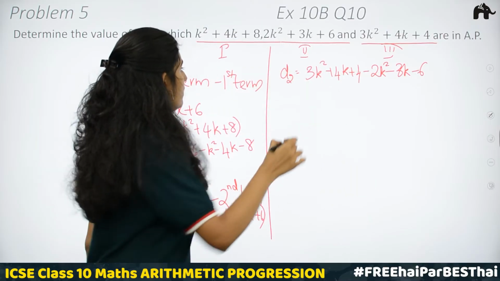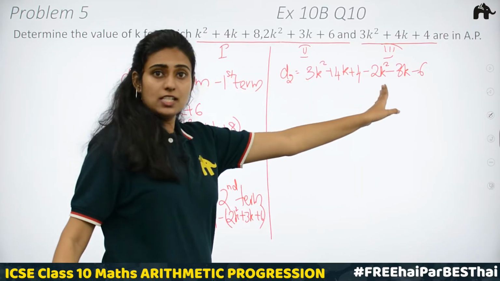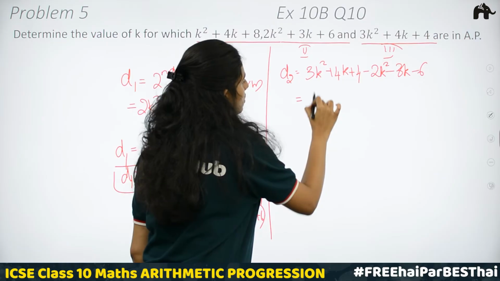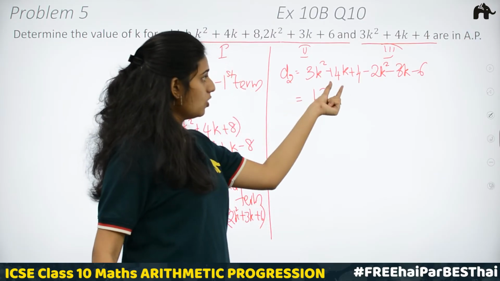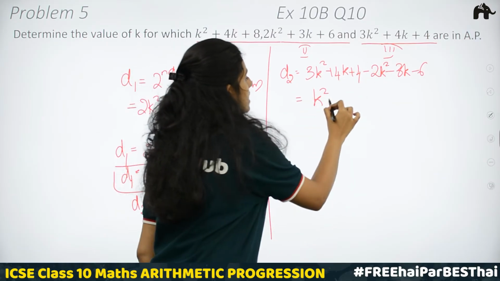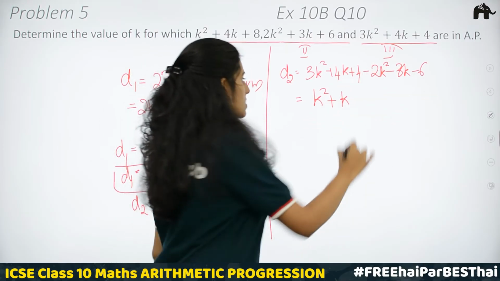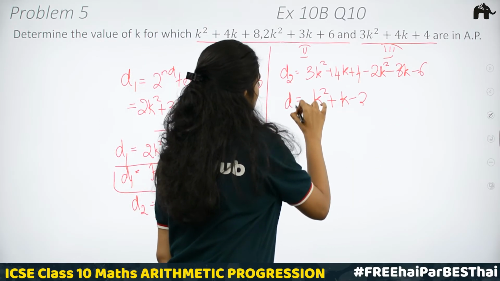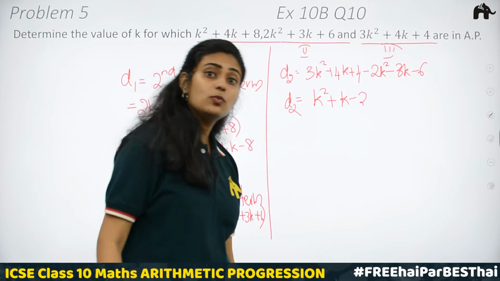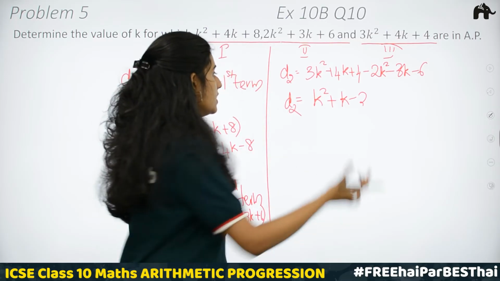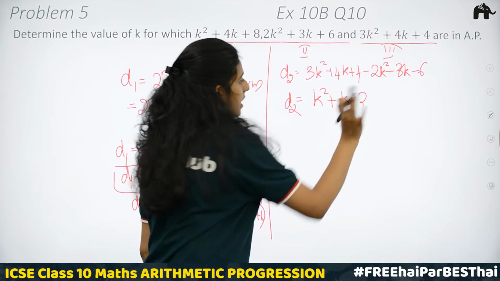Okay. Here we have 3k square minus 2k square, which is equal to k square, plus 4k minus 3k is plus k, plus 4 minus 6 is minus 2. Therefore, D2, the difference between the second term and third term, is k square plus k minus 2.